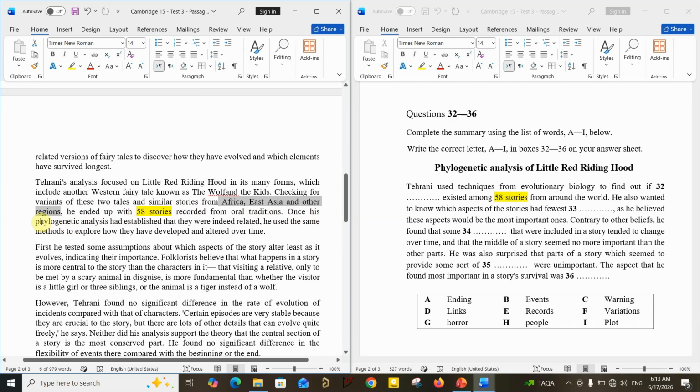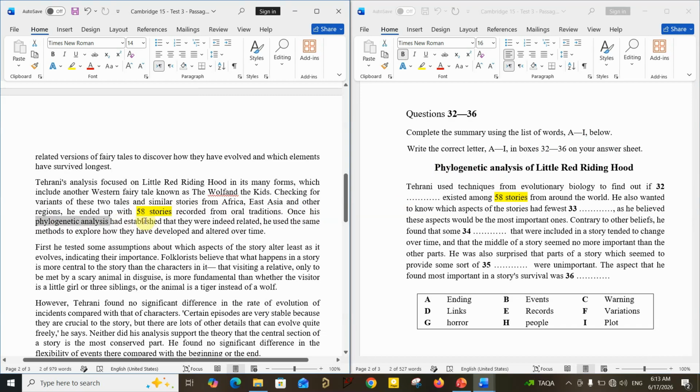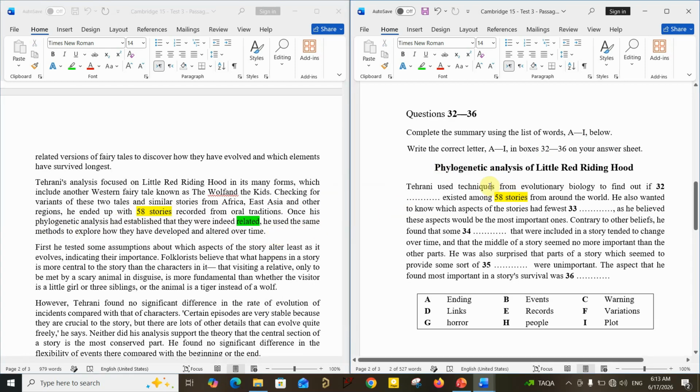Once his phylogenetic analysis had established that they were indeed related. He used the same methods or techniques to explore how they have developed and altered over time.